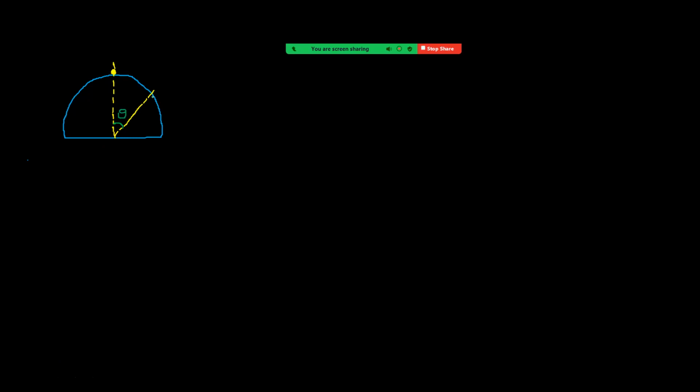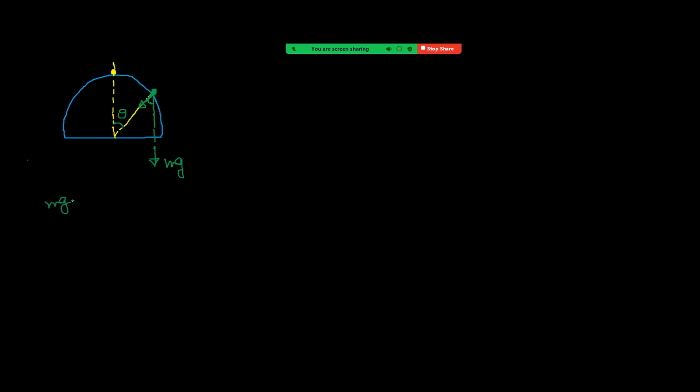If you observe the forces acting on the object, since it is losing contact, the only force acting is mg, which is along the vertical. Its one component, which is towards the center, provides the centripetal force. This is theta, so this is also theta. This is now mg cos theta.